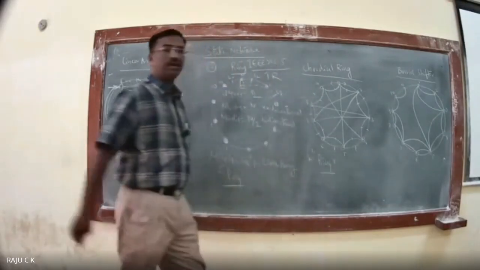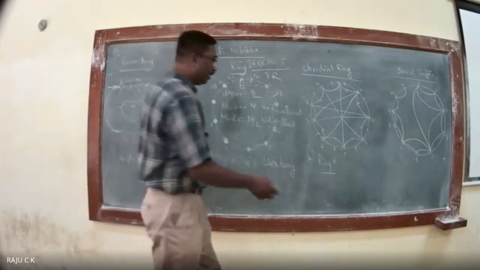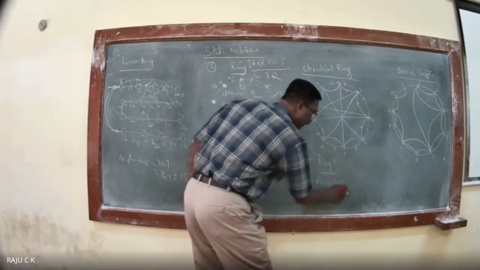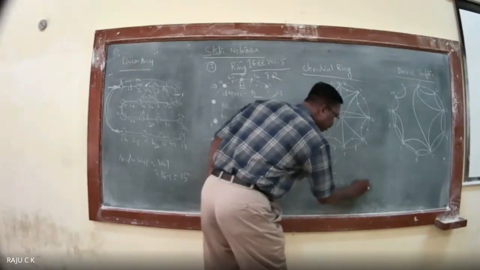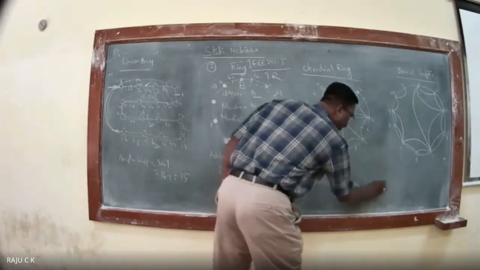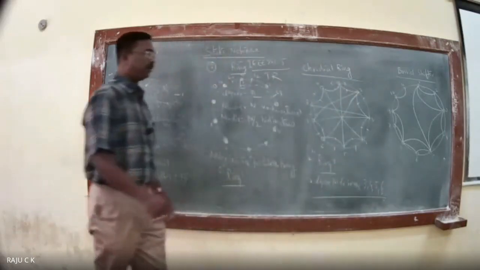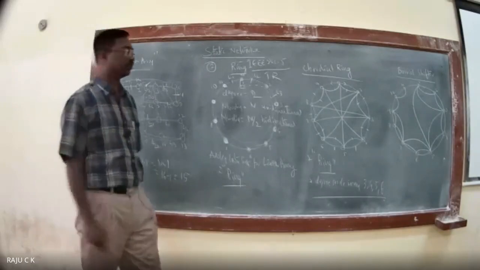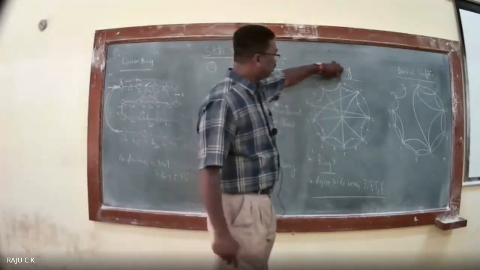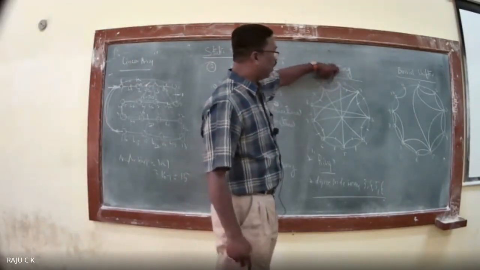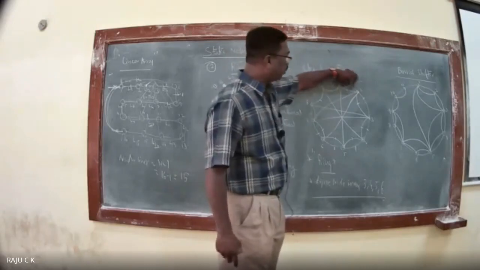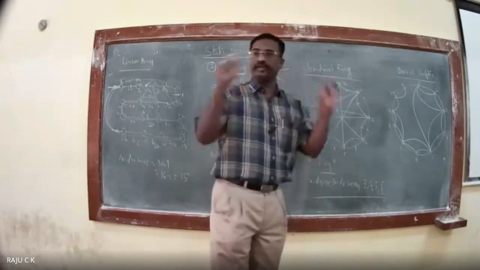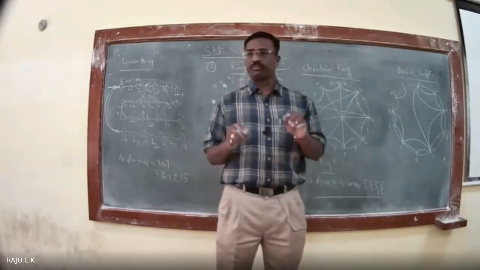Exactly the same as the ring, but the degree of a node increases to 3, 4, 5, and 6. A degree of a node above 2 is called a chordal ring. So here you can see nodes 1, 2, 3, 4, 5, and here also 1, 2, 3, 4, 5, 6. The chordal ring can be either 3 or 4.